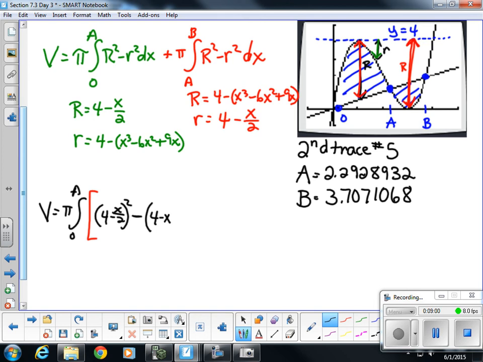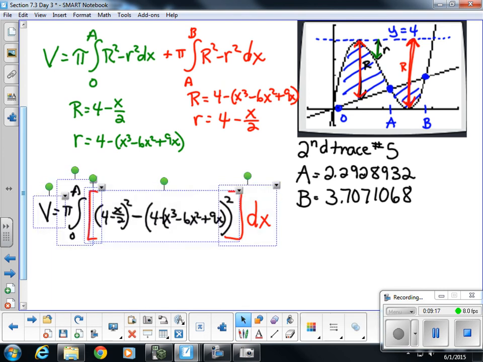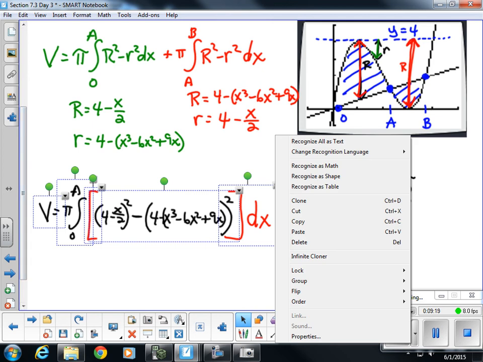I'm not simplifying this at all. 4 minus x cubed, and that also needs to be squared, all taken with respect to x. So that would be the first part of the area.